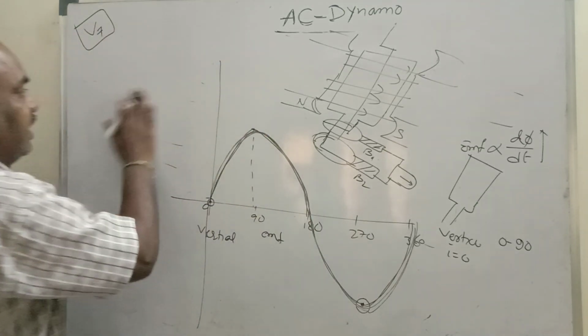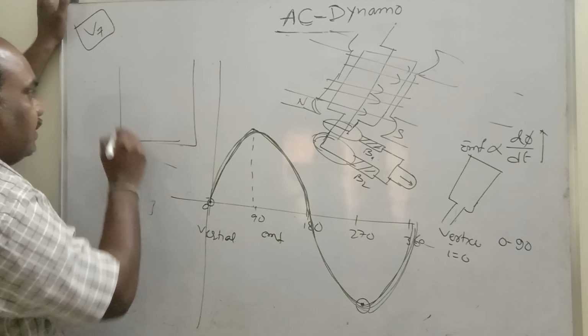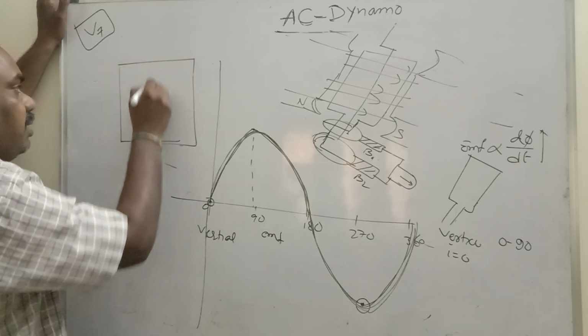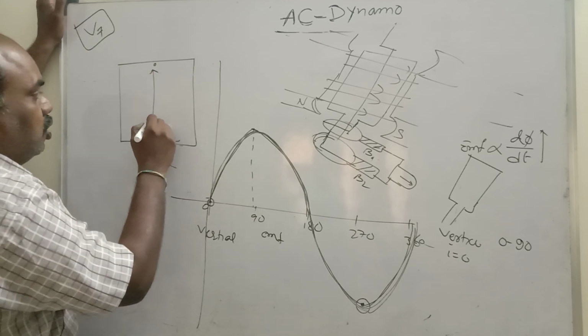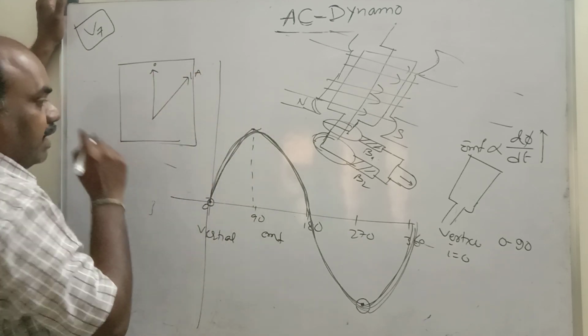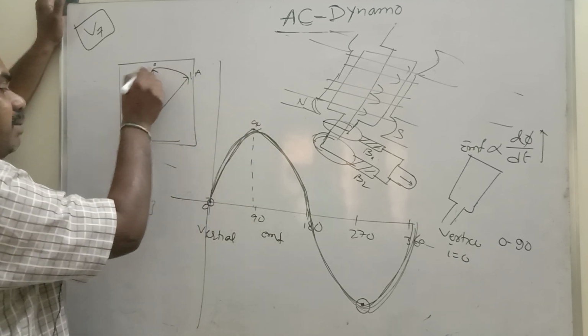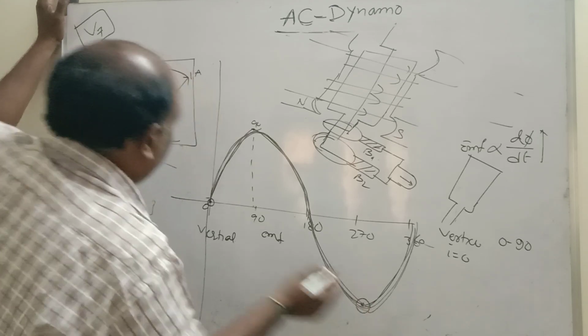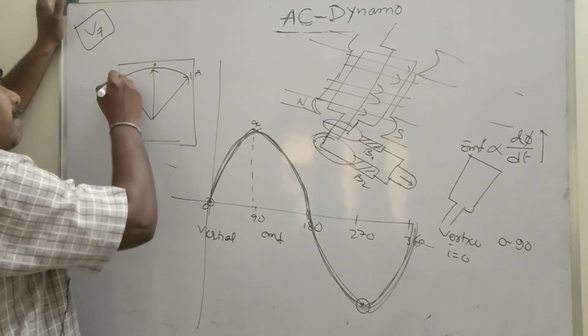This we can identify easily with a galvanometer. If you connect a galvanometer instead of a bulb, for clockwise deflection 0 to 90 degrees, current goes to, let us consider, 1 ampere. Again 90 to 180 degrees, minimum. 180 to 270 degrees, again maximum but in reverse mode, minus 1 ampere.